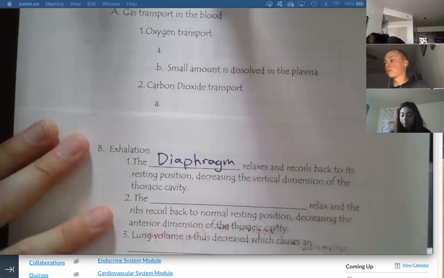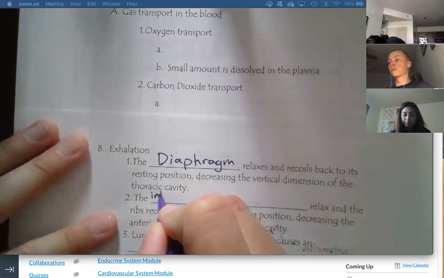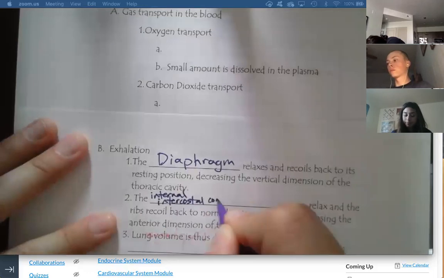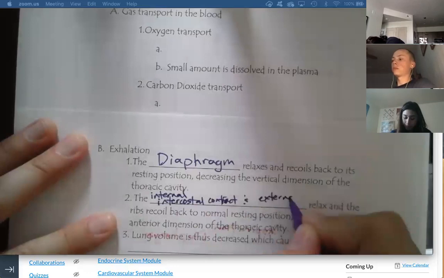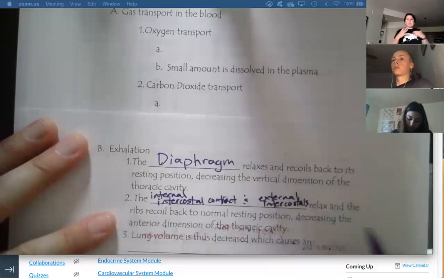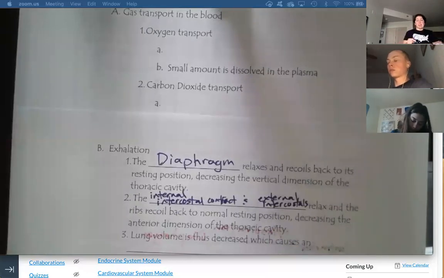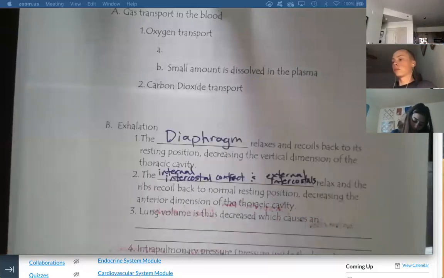The internal intercostals contract, and the external intercostals relax, and the ribs are going to go back down, decreasing the width of the thoracic cavity, or the lung cavity. Sorry, I'm supposed to say contract, but it doesn't look like it.